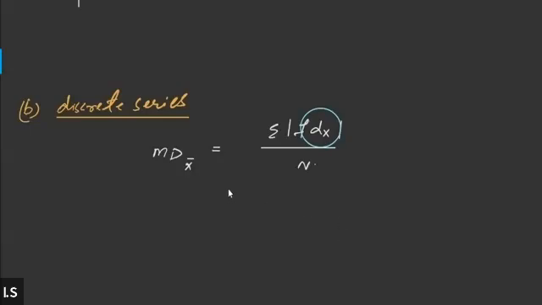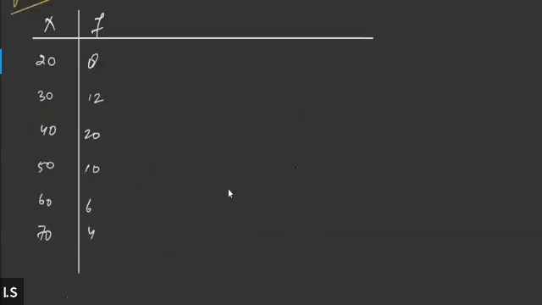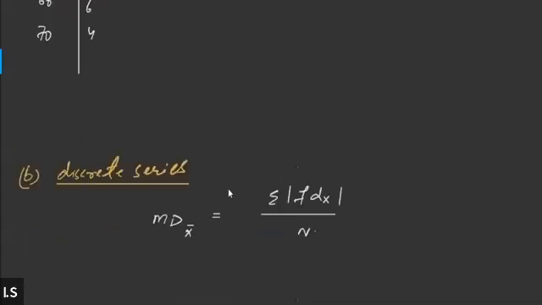Okay, so let's move to the question. This is the question, and we need to apply this formula. You can clearly see the requirement of the formula is we require frequency. So we just have to ensure whether we have frequency available in the question. Answer is yes.